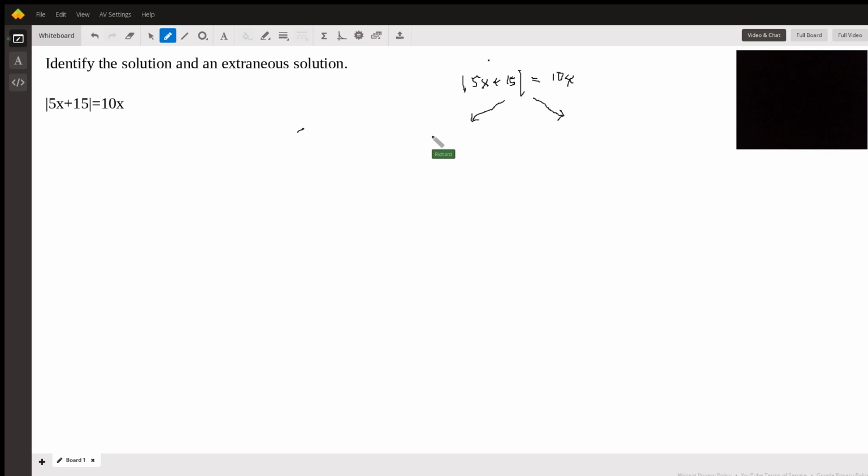One of the equations is 5x plus 15 equals negative 10x. And the other equation is 5x plus 15 equals 10x.